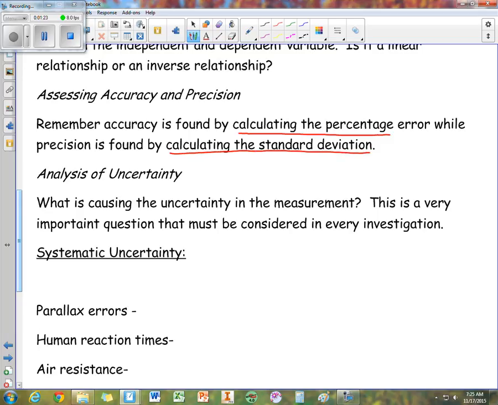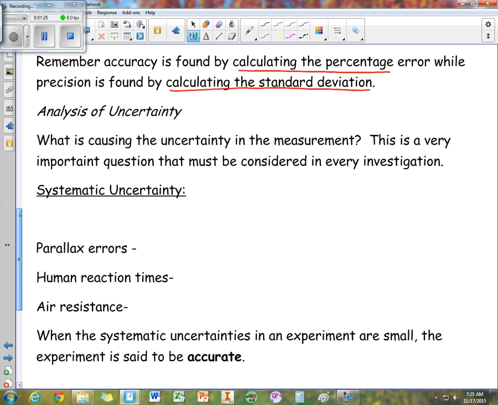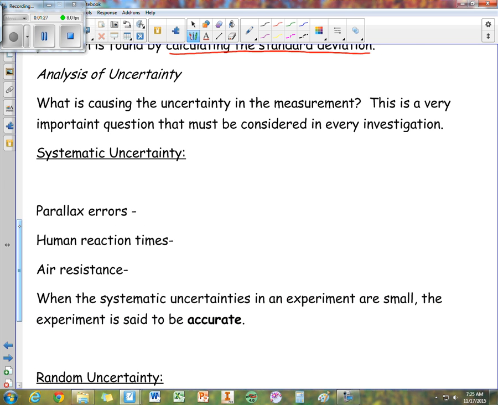Now we need to do an analysis of the uncertainty. So we need to talk about what causes uncertainty in a measurement. So first off, we have two types, systematic and random. So systematic uncertainties, and this is a longer definition.